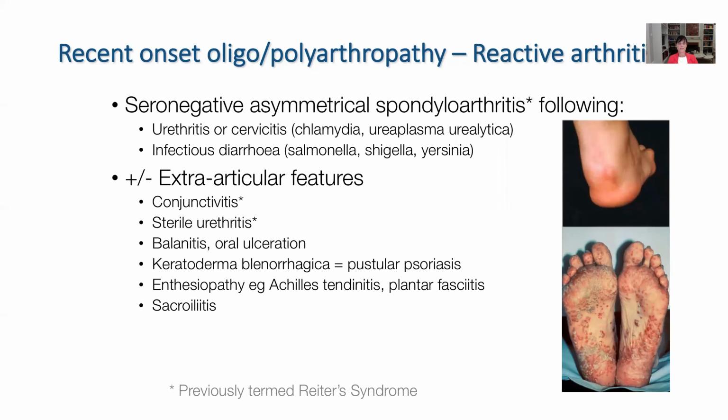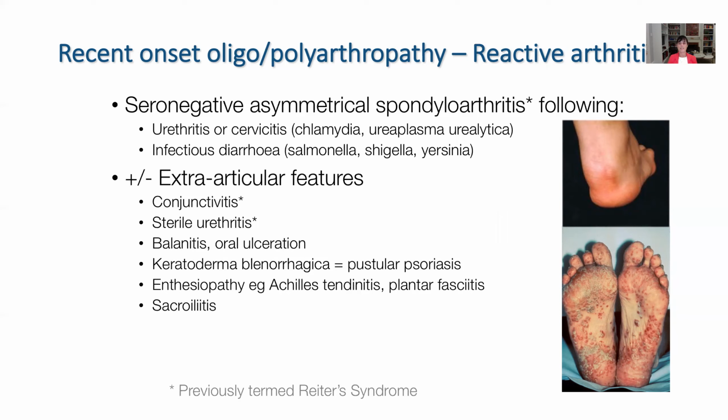Reactive arthritis is a form of spondyloarthritis which has some quite characteristic features. For example, it tends to occur after infections. Mostly these can be identified, but not always. As I mentioned, there may be sexually transmitted infections as listed here that may trigger a reactive arthritis. And amongst the causes of infectious diarrhea, Salmonella, Shigella and Yersinia are recognised causes.